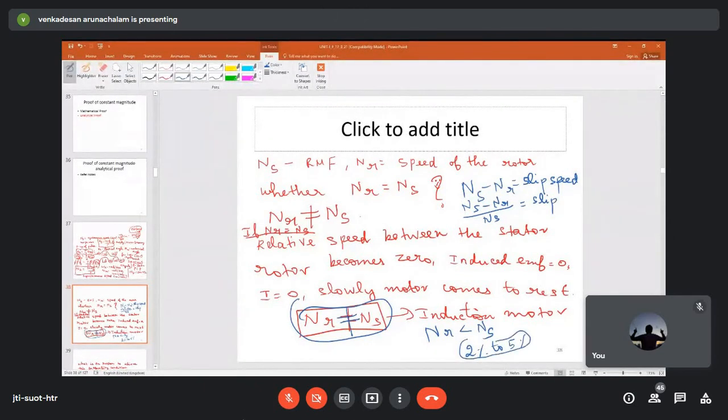Practically, your slip will be 2% to 5%. But I am asking the ideal minimum value. So ideally, yes, the minimum will be 0. Yes, and the maximum will be, what is the maximum?